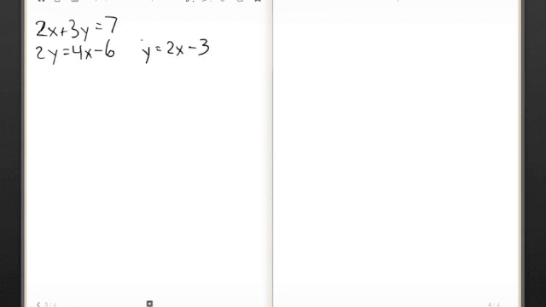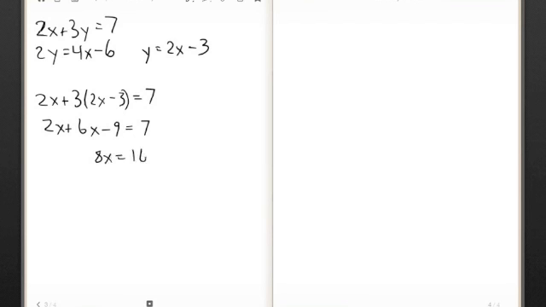And now we can change y to 2x minus 3 in the first equation. 2x plus 3 times 2x minus 3 equals 7. So we'll get 2x plus 6x minus 9 equals 7. 8x equals 16. X equals 2.